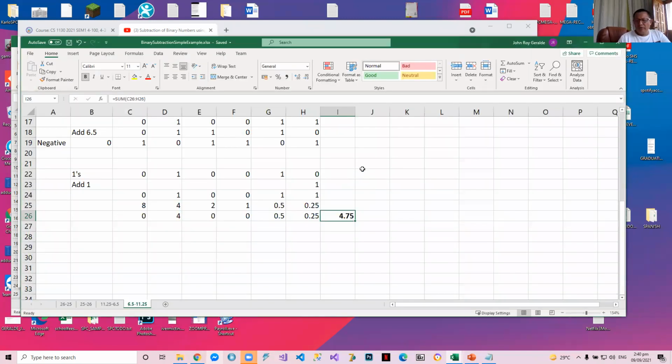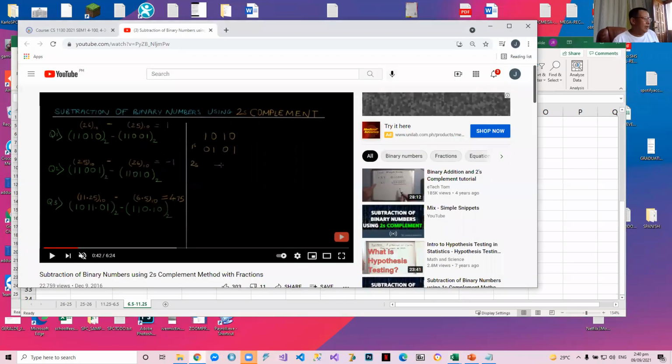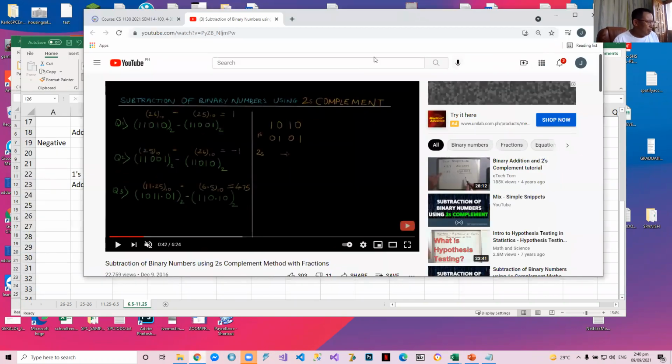Okay, I will upload this to our regular site. Anyway, before I do that, let me check. We still have time now. I'd like to show you more examples. Actually, this is already part of the sample exercise.